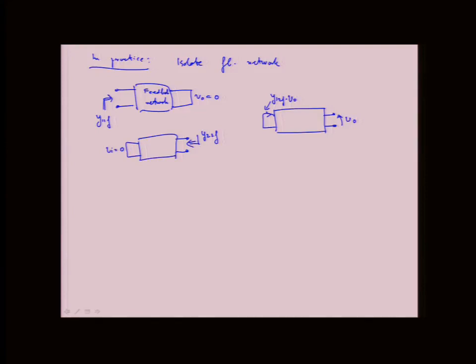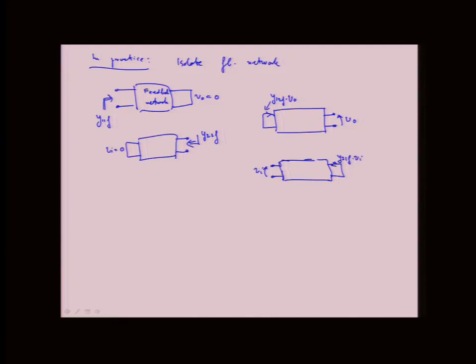But we'll see in some examples you can have that as a fourth component, where you apply VI here, short this output, and then look at Y21F times VI.